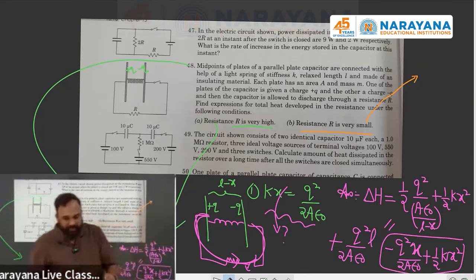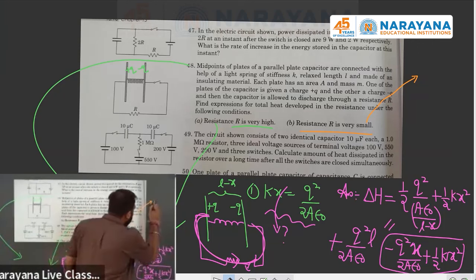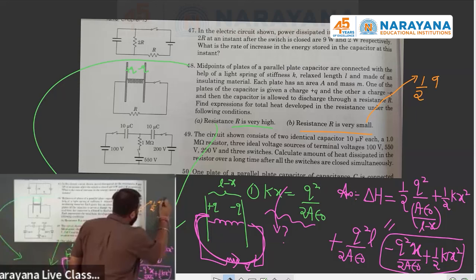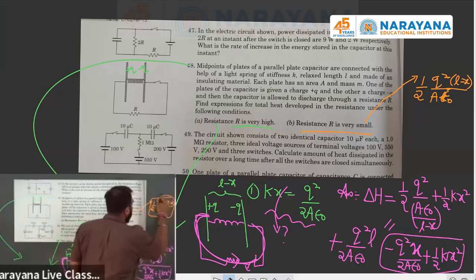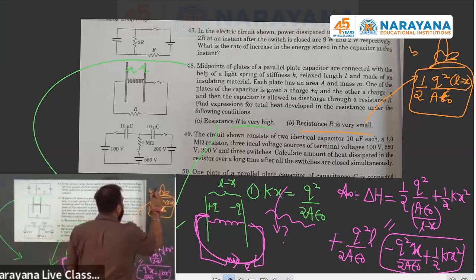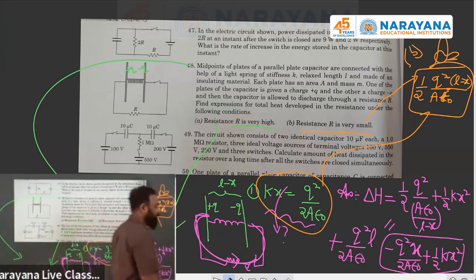So then it is simple, because if that state is there and you use a resistance which is very, very small, immediately only the energy is lost. So the answer of this question should be half Q square upon C, and C is A epsilon naught by L minus x. So the answer to this question is only this thing. This is what he wants for B part, where the value of x can be substituted from this expression.